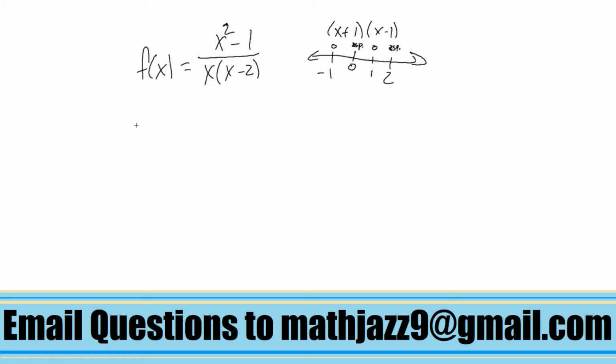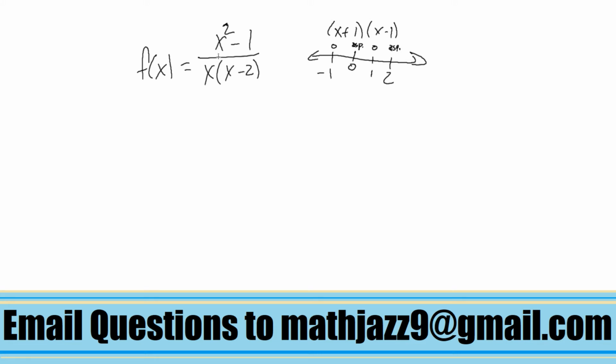So the next thing that we'll want is to find the well, we already found the vertical asymptotes, so that's good. Now we want to find the horizontal asymptotes, if there are any. Well, rational functions whose numerator is equal or lesser power than the denominator have horizontal asymptotes. So, since we have degree 2 on the bottom, degree 2 on the top, we're going to have a horizontal asymptote.